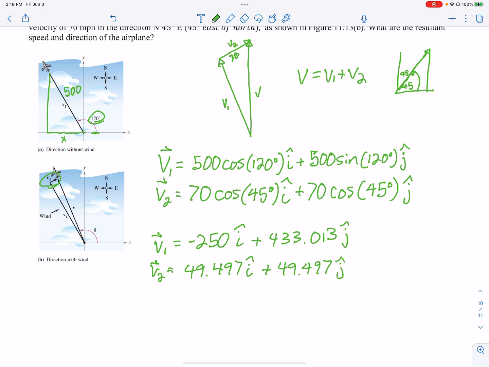That makes sense. It's right down the middle. So remember, to find V, we add V1 plus V2 using your calculator. Okay, so let's do that. We got negative 200.503 i. Adding our j components, we got 482.51 j. All right, this is the velocity vector.